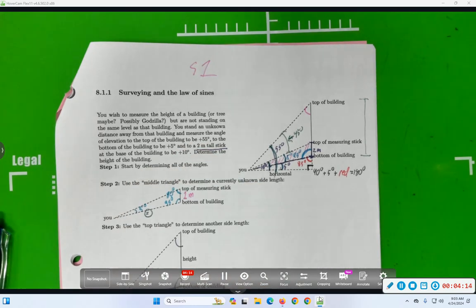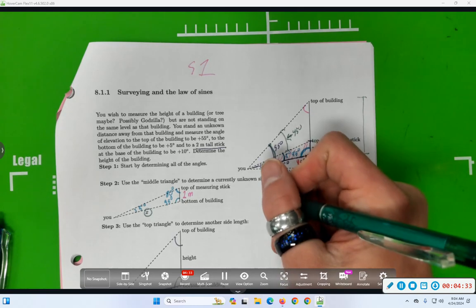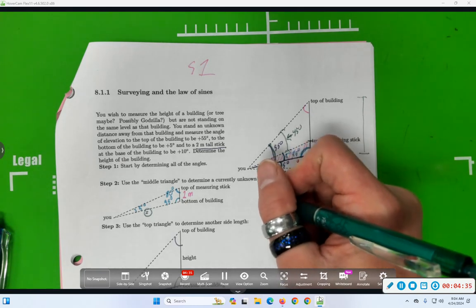There's a side length that looks useful to determine. What does the law of sines let you say? Give me an equation from the law of sines that involves this side length x. x over sine of 80.